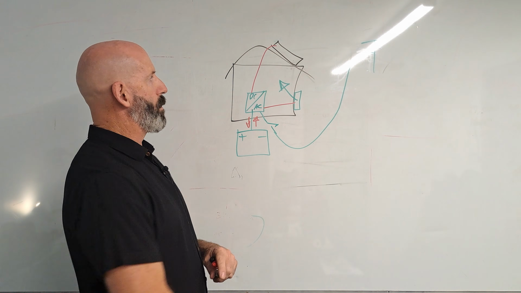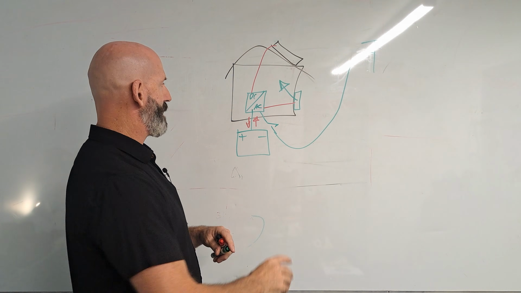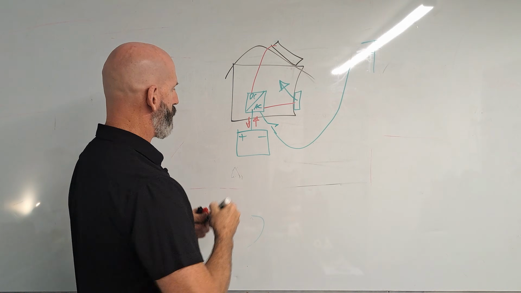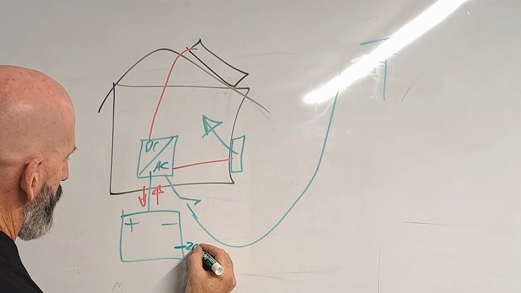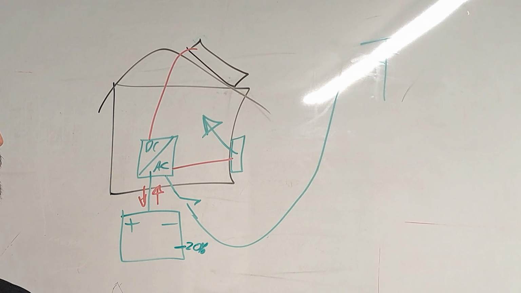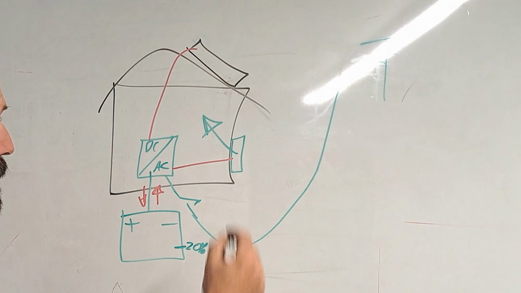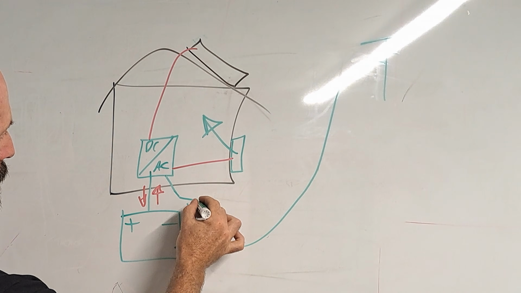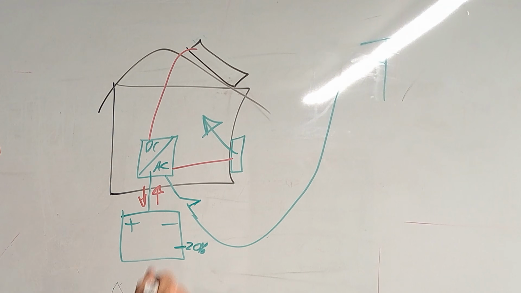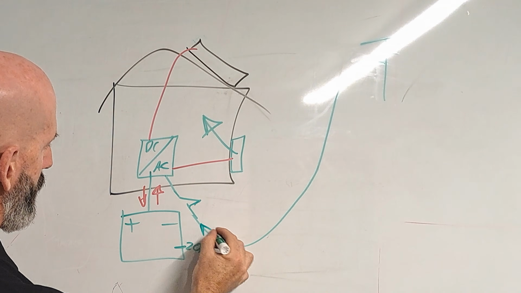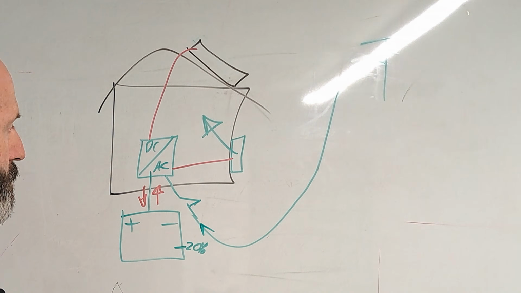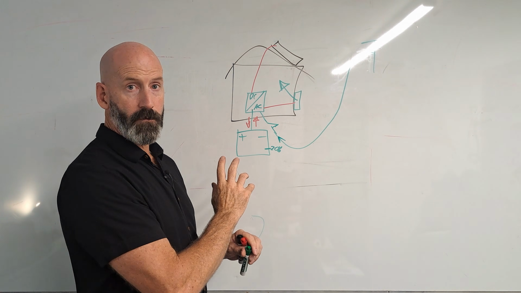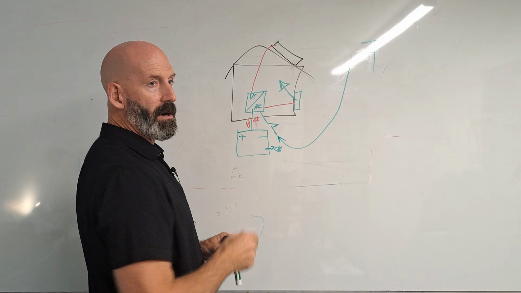Until you get a week of bad weather, the sun doesn't come out for 3 days, your batteries run too low, we get to 20% in the batteries, and the inverter says, oh, we're at 20%, I need some charge from somewhere, can't get it from the solar, let me connect the grid and bring that in as a charge current. Now, the difference with off-grid systems as well, these are not bi-directional.